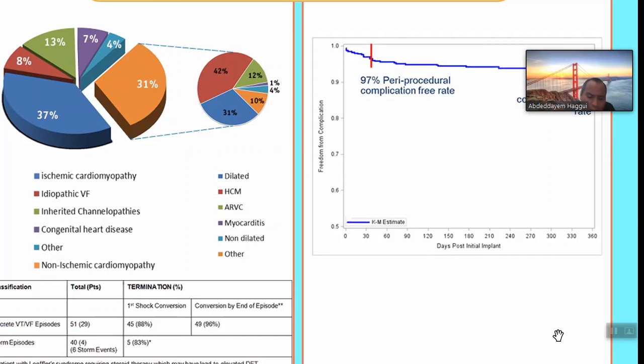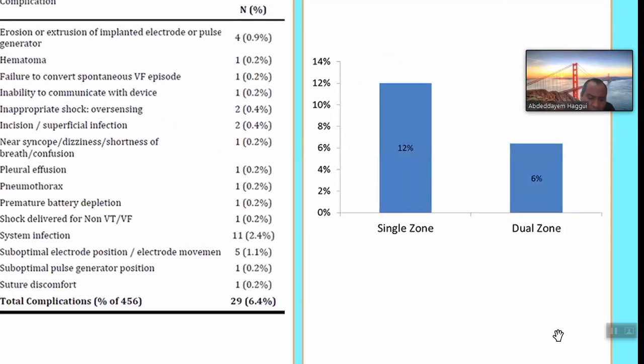The complication rate at 1 year was 6%. As you can see in these details, complications were in some from technical issues and for others due to infection. For inappropriate shocks due to oversensing, programming the dual zone reduced this complication by half.